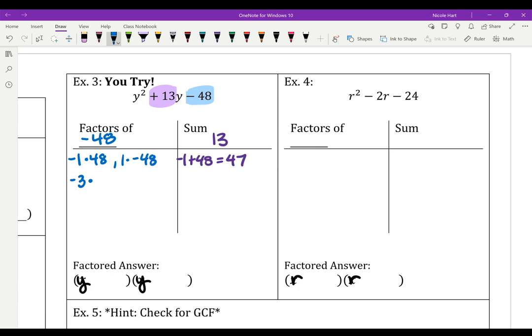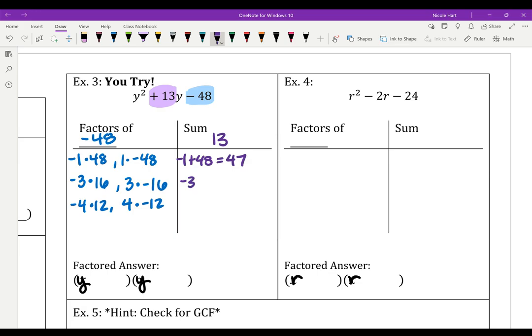I believe it's 18. This is why it's handy to have a calculator present, because some of these numbers have lots of factors. 16, 3 and 16, and 3 and negative 16 are factors. We also can do 4, negative 4 and 12, so positive 4 and negative 12. 48 has a lot of factors, so this can go pretty high, but I'm going to stop there and check some of these numbers.